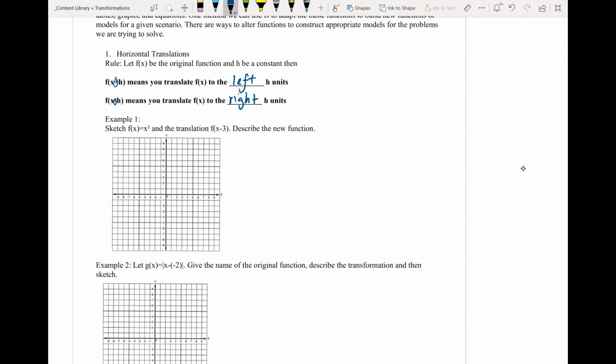So for our first example, we have the translation f of x minus 3, where the original function is x squared. Since we have a minus 3, that means we're going to translate to the right by 3 units.